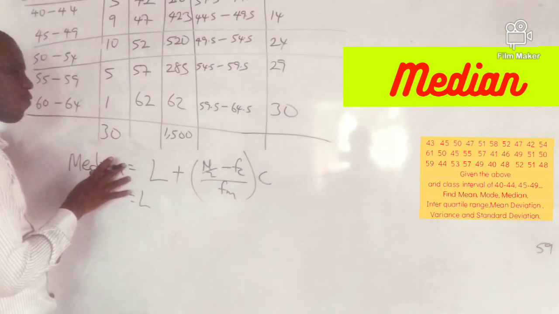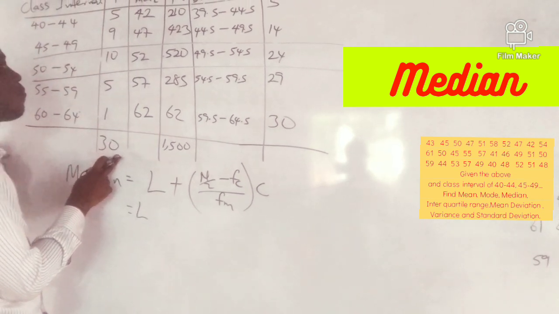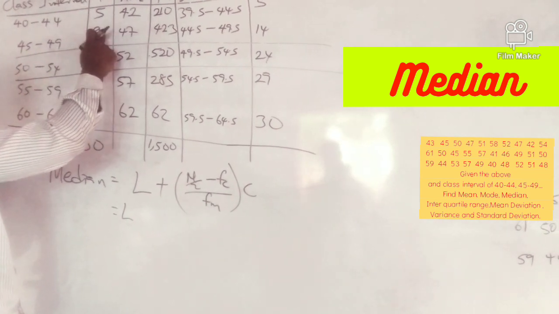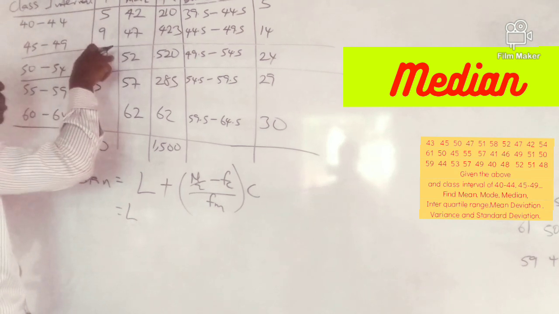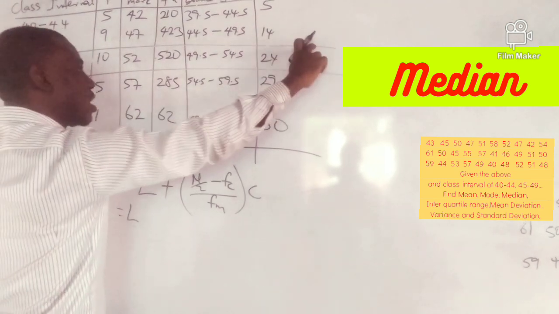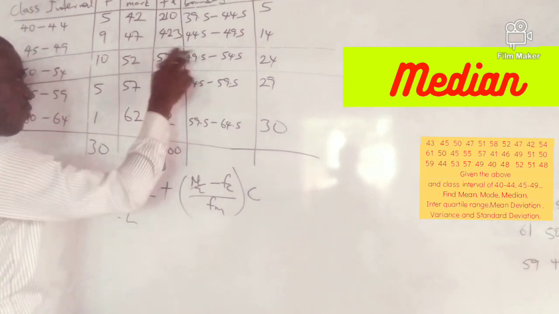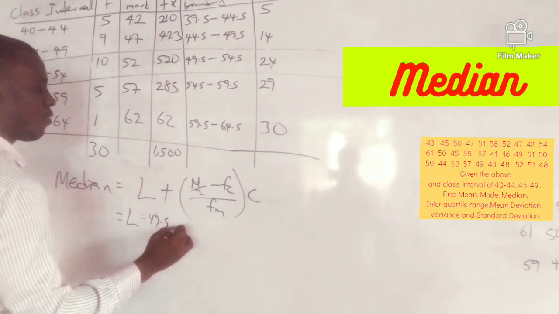What's your median class? You have 30, so the median should fall at 15. 5 plus 9 is 14, so we don't reach 15 there. The 15th value is inside the next class. The lower class boundary is 49.5.